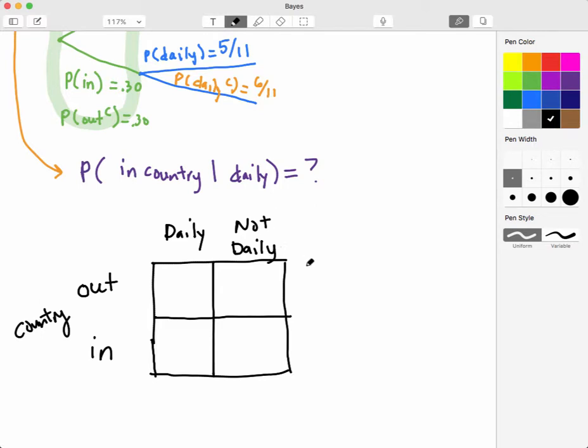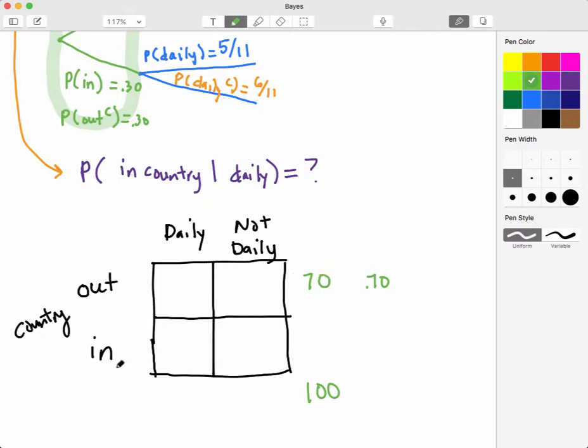All right. So the very first fact we were given is that 70% of users of this website were from outside of the country. So 70% is 0.70, but bear with me while I just turn it into a 70. If I pretend I have 100 people, so here's 100 people, 70 people are from outside of the country.